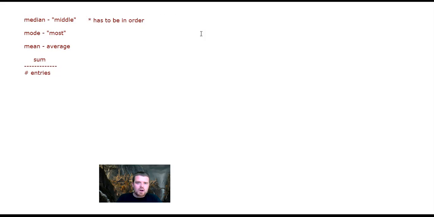Okay, so we'll start out with just a very simple set of data. Let's say 5, 7, 9, 11, 13, 15, 17, and 19, for instance. If you have a larger set of data, this gets a little trickier, and there are ways to do this using Excel or using Google Sheets. If you had, let's say, a set of 50 data points, so you don't have to go through here.